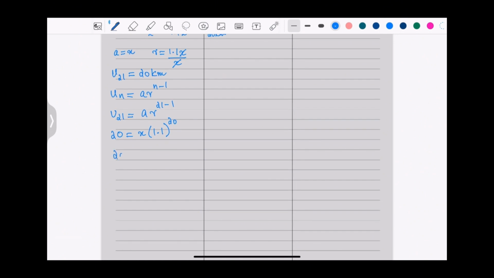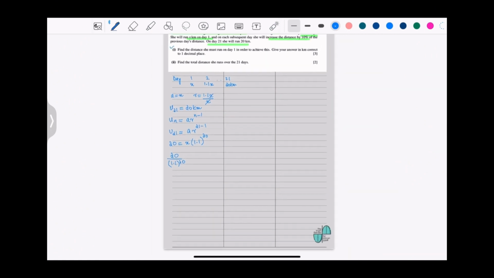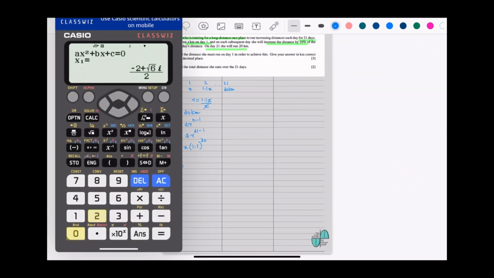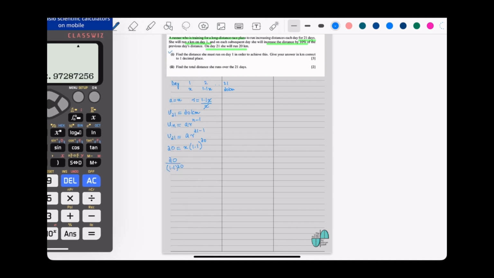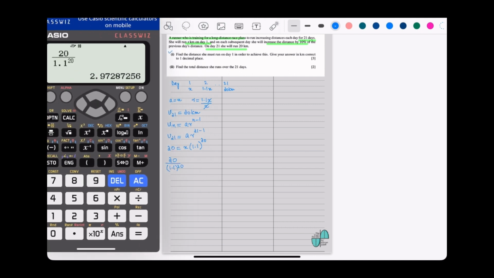So x is 20 over 1.1 to the power of 20, which gives you 2.97.